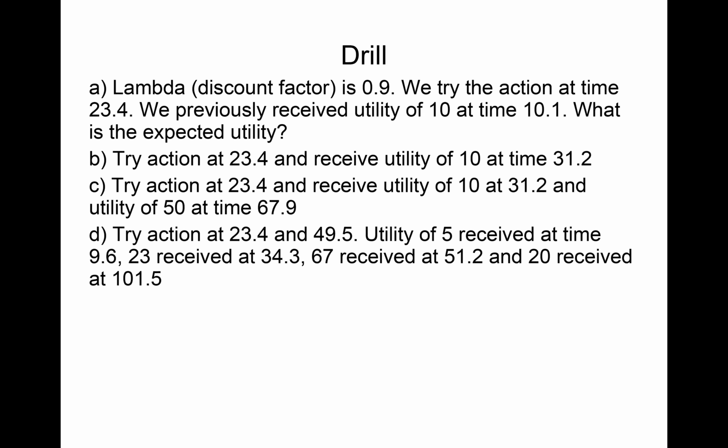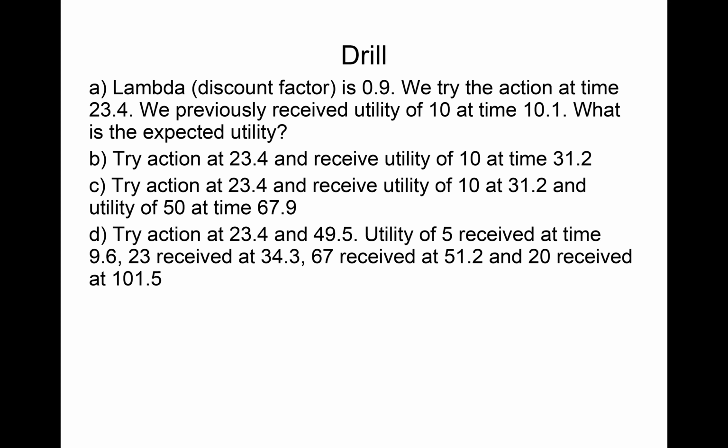All right. And then the next one, again, is kind of a continuing example. What happens if, in addition, you also receive a utility of 50 at a later time? Then we sum up those utilities. So we're going to have this, same as what we had, plus a much bigger utility, but we had to wait longer to get it.